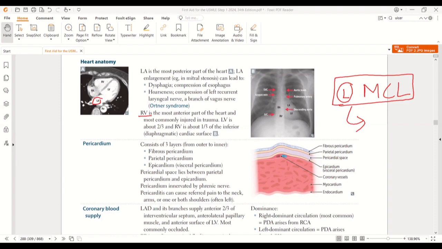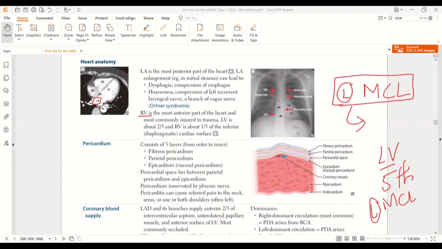I am expecting the lung. It's the lung. The key thing: the left ventricle forms the apex of the heart, and it can reach the left fifth intercostal space at the mid-clavicular line.